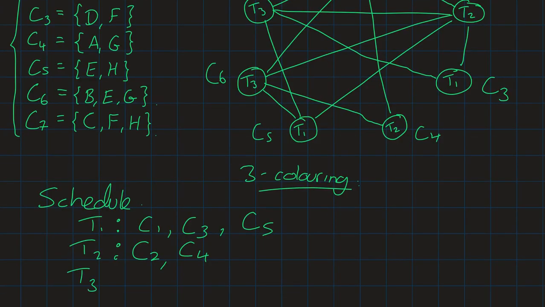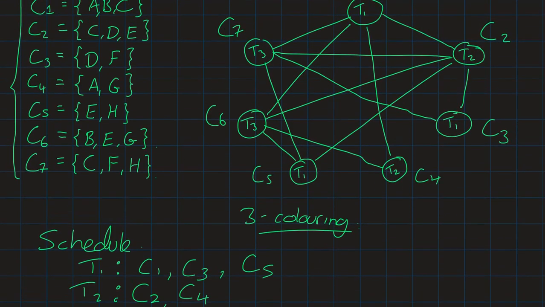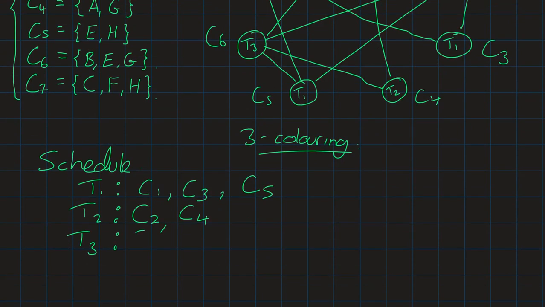And finally, at time T3, you should have committee C7 and C6 meet. Okay, so this is a schedule where all of the committees have a time slot and there is no conflict, and this is the fewest possible number of meeting times needed to have all of these committees meet.